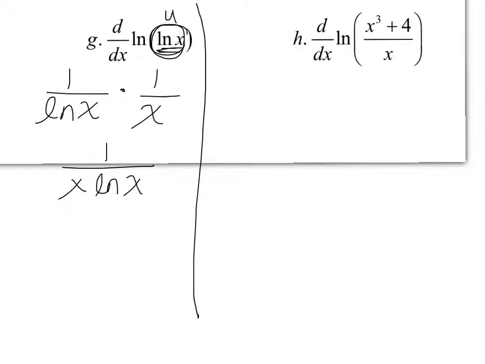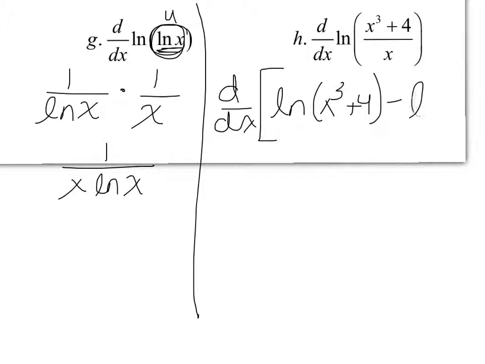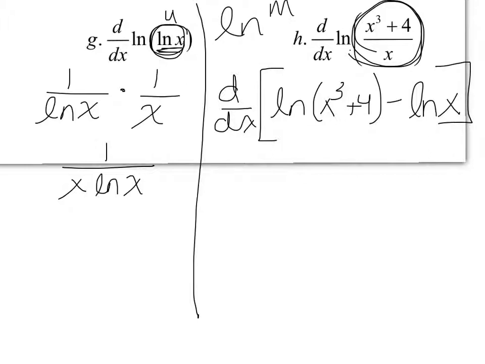Now for h, you can use the properties of natural logs and make this a much easier problem. So I can now take the derivative of the natural log of x cubed plus 4 minus the natural log of x, because it is the same thing as the natural log of m over n.